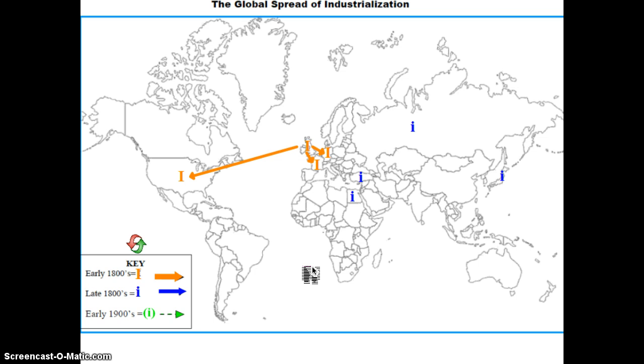Another place that industrializes in the late 1800s is South Africa. So again, let's place an i in South Africa here. Settlers from Europe, if you recall, settle in South Africa and bring with them those changes, those ideas of industrialization that they had learned in Europe. Industrialization was mostly limited to cities in South Africa.